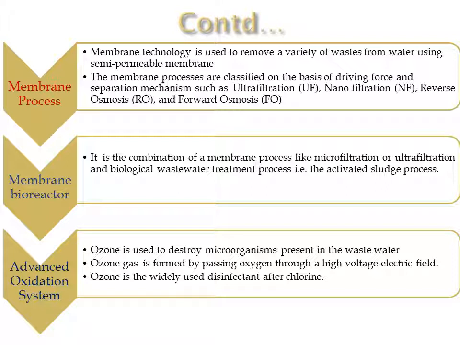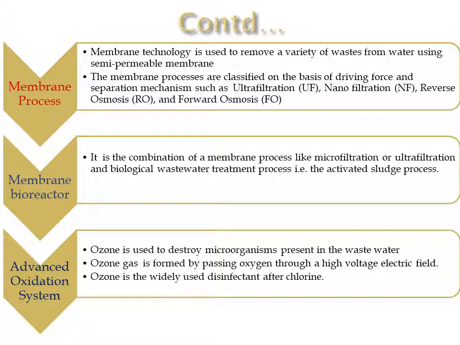Now, after carrying out the tertiary treatment, the next step is the disinfection of the wastewater. This disinfection is carried out by various agents like chlorine and UV, and in the case of iron and steel industries, mostly ozone is used.